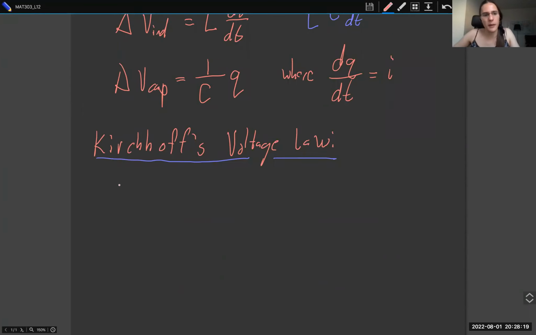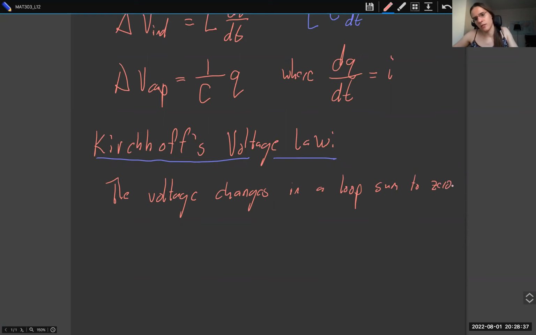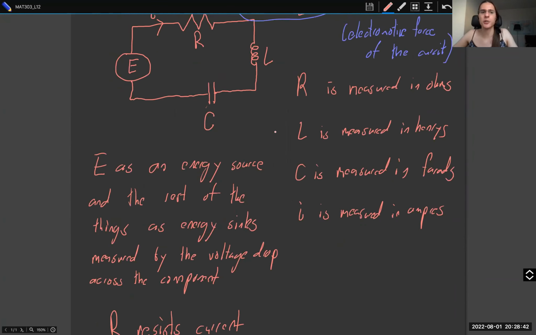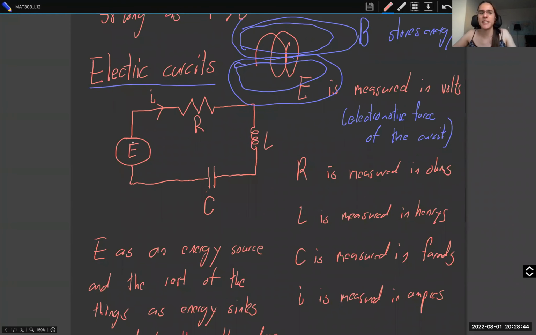So the voltage changes in a loop sum to 0. Because voltage is a potential and the potential exists, the changes in potential in a loop have to sum to 0.